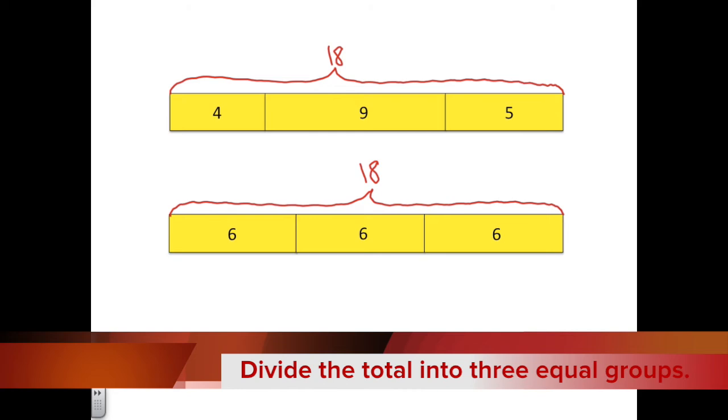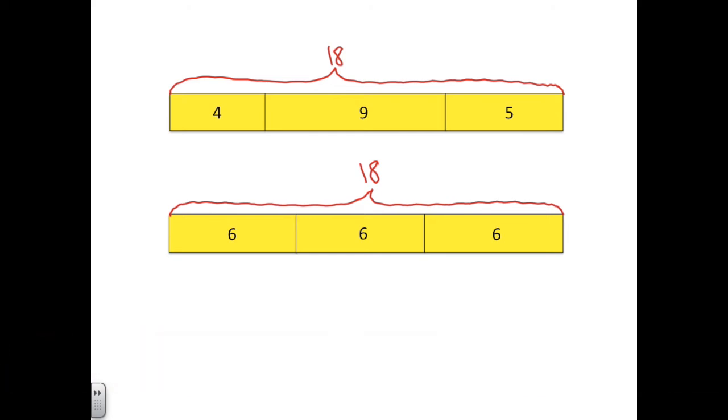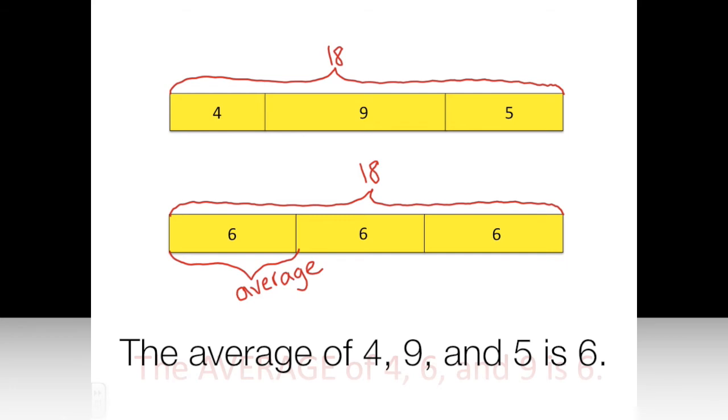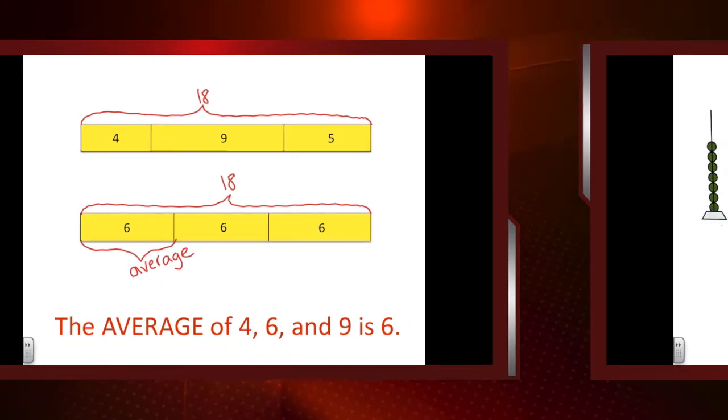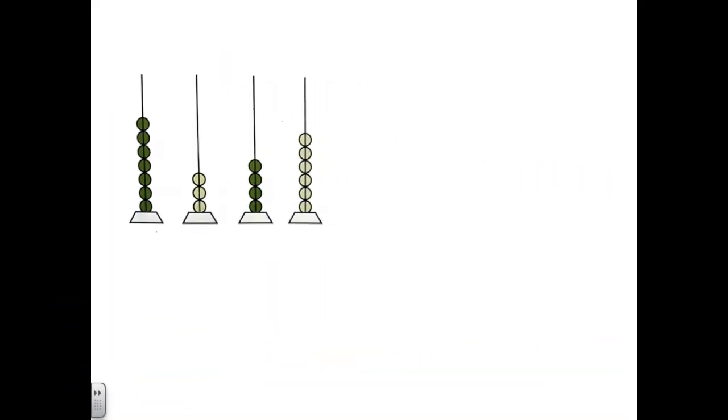So we were able to put 6 in each bag, and this is the average. So to find the average, we added up all the parts, 4, 9, and 5, and divided it by the number of groups, 3.